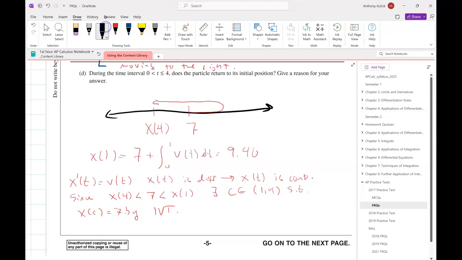So you'd get 1 point for this, and then 1 point for using the IVT. So coming up with the sandwich between the two positions, that would be enough.